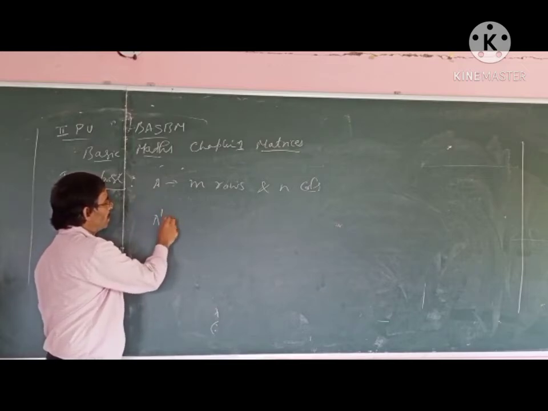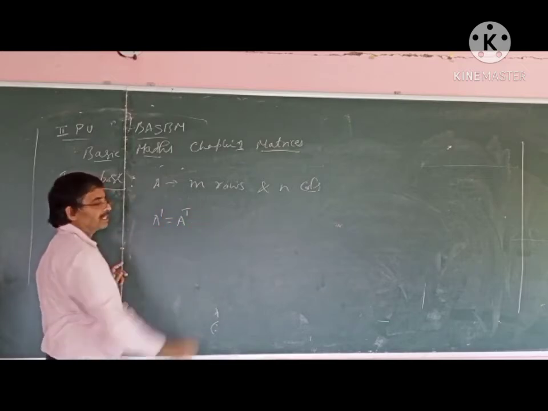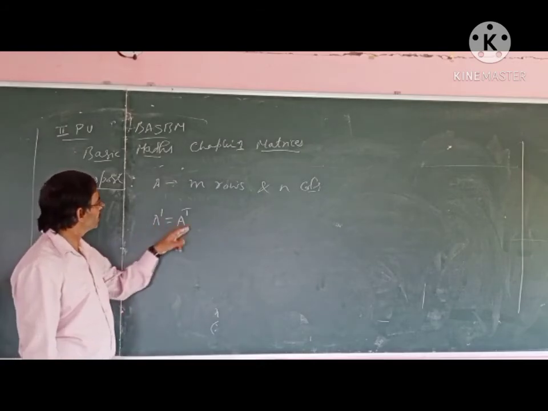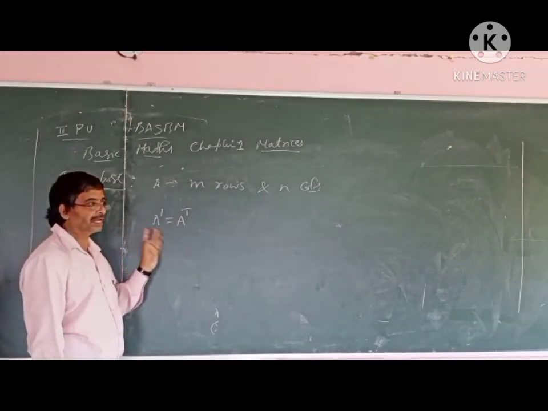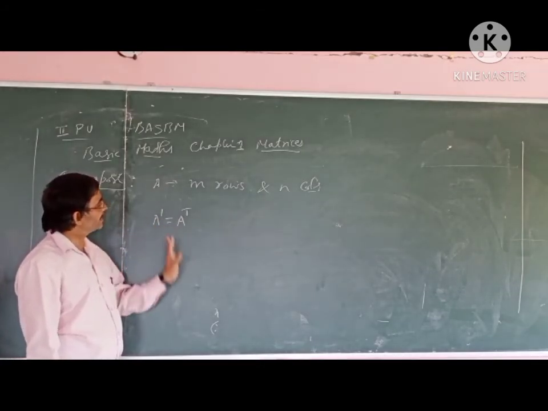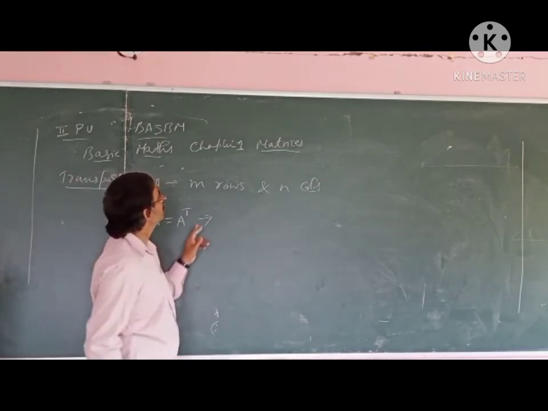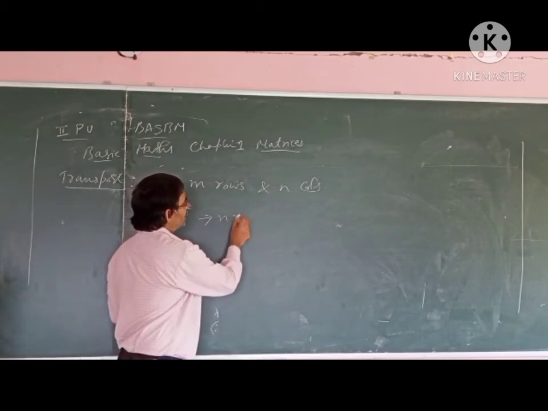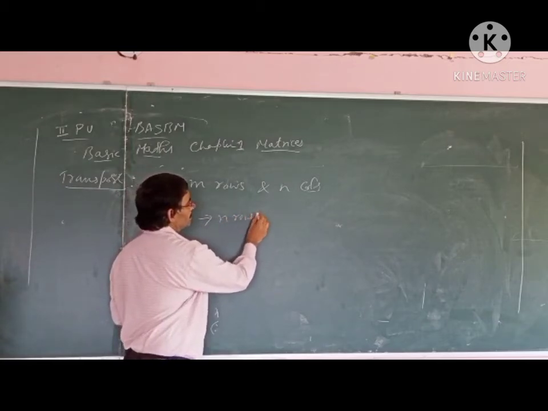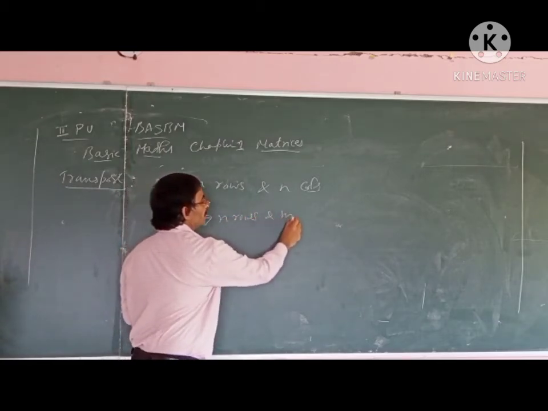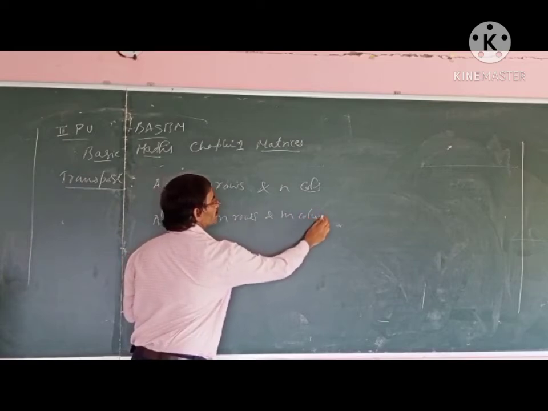We use this symbol or A T, both are the same. A dash or A T you write, that is A transpose only. This will have n rows and m columns.